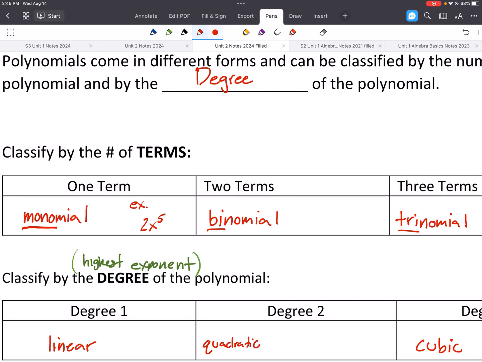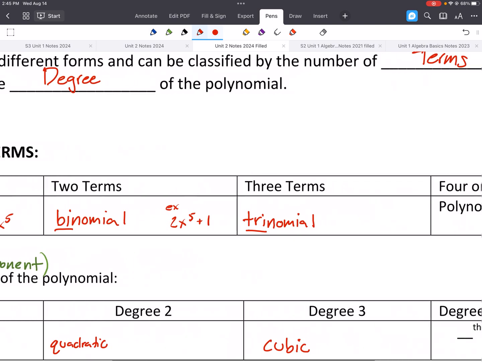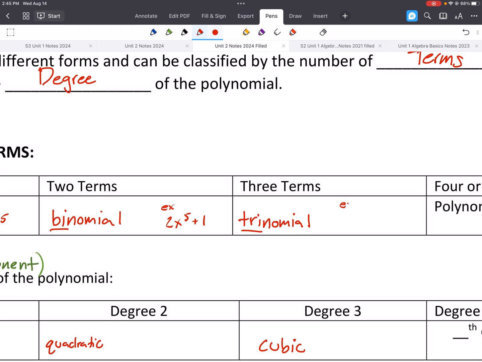If it has two terms, for example 2x to the 5 plus 1, we could call it a binomial. If it has three terms, for example 2x to the 5 plus 3x minus 1, that would be a trinomial.